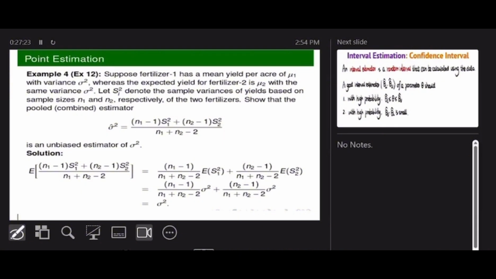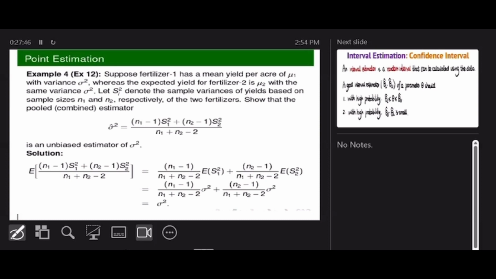We pool variances in statistical analysis when we assume that the population variances are the same. When you are conducting a two-sample t-test, and we assume that population variances are the same, then we pool the variances.